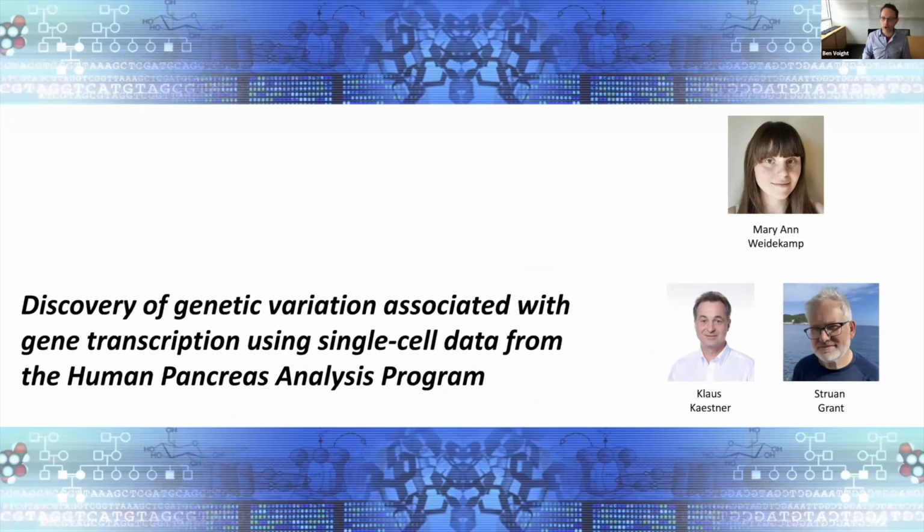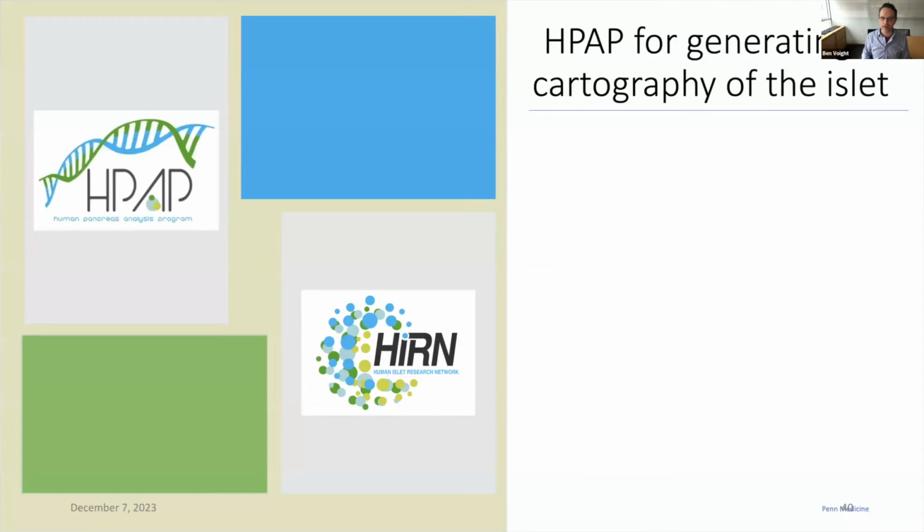And so, armed with that intuition, we have another project ongoing that tries to characterize those single cell profiles. We're fortunate to take advantage of newly generated data from the Human Pancreas Analysis Project. If you don't know about that project, it's a really great resource that's currently being generated. The data are received from pancreatic donors from across the country.